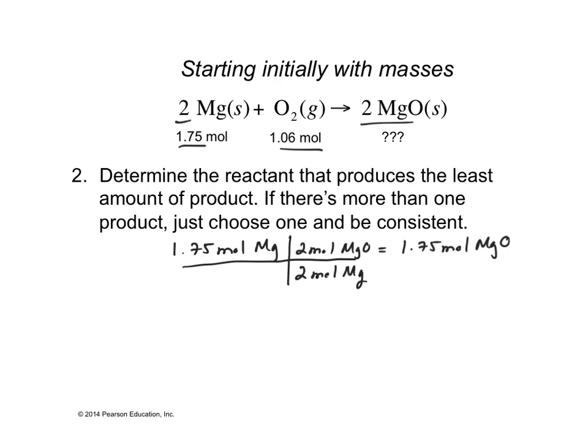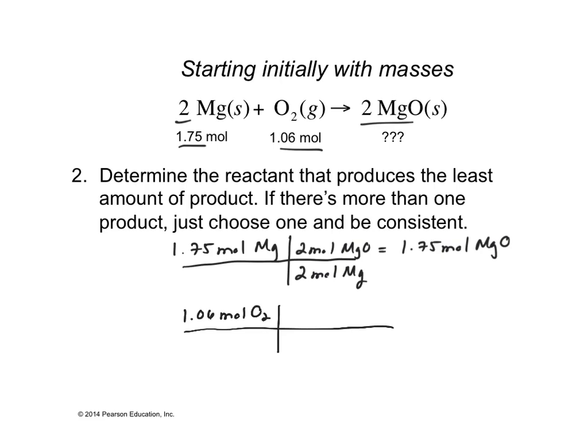Who else do we need to look at? Oxygen, right? We need to figure out how much MgO we could form given this starting material of oxygen. So we're going to take our 1.6 moles of oxygen. Now what is this relationship?